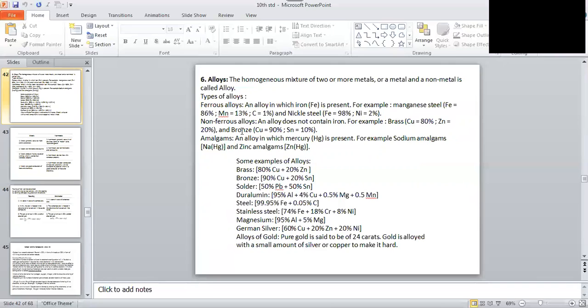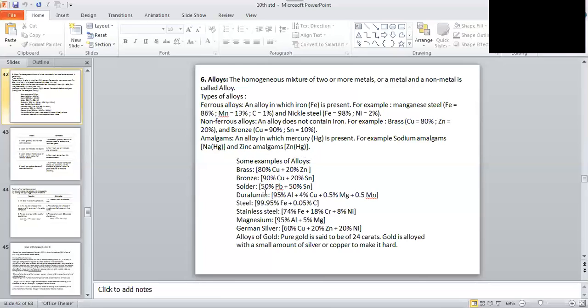Similarly, bronze. Then amalgams. What is amalgam? Mercury reacts with different metals and forms alloys of mercury with other metals. These are called amalgams. For example, sodium and mercury combined give sodium amalgam. Zinc and mercury combined give zinc amalgam.